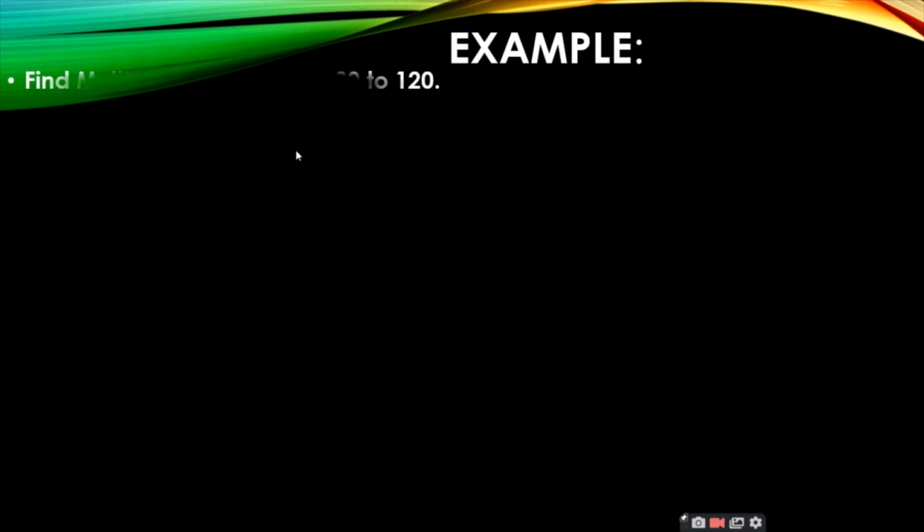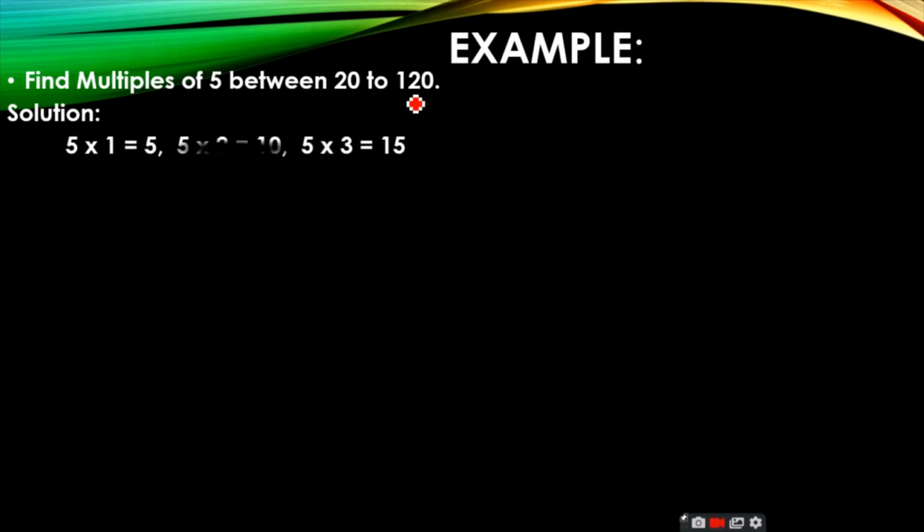Now, find multiples of 5 between 20 and 120. In this question, I have found all the multiples of 5 till 120. You can see that 5 ones are 5, 5 twos are 10, 5 threes are 15.